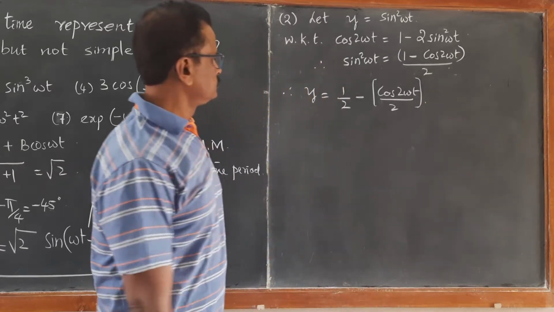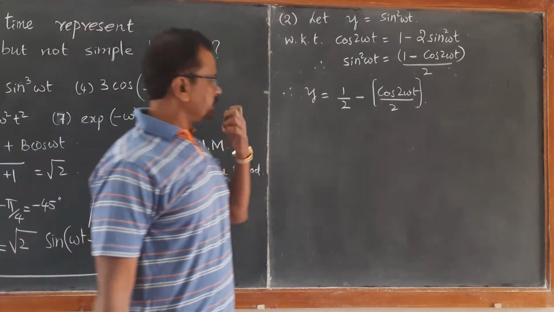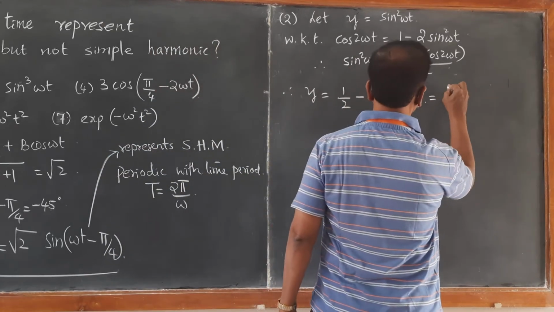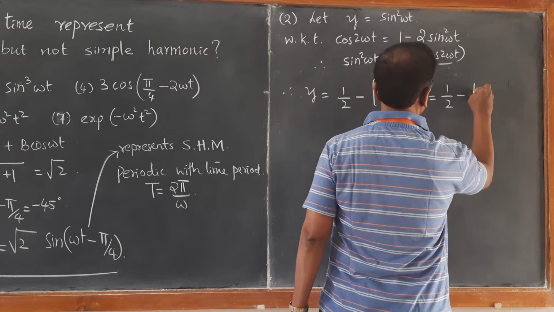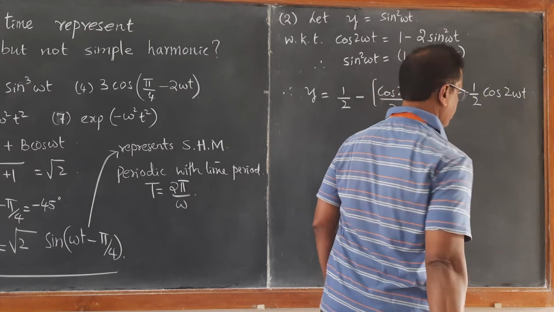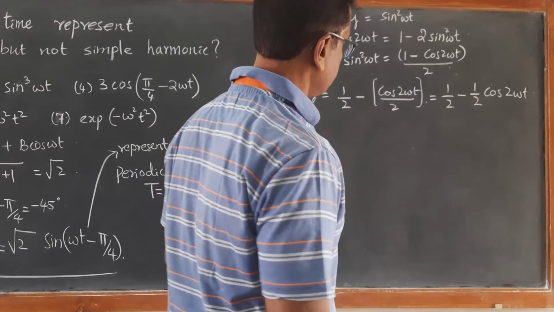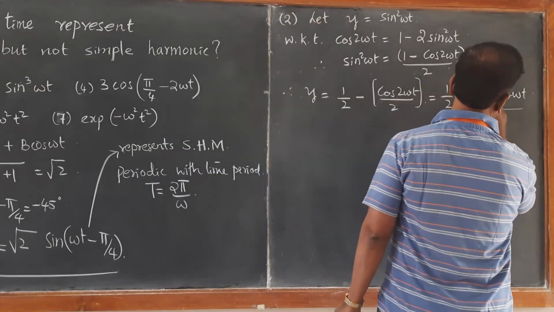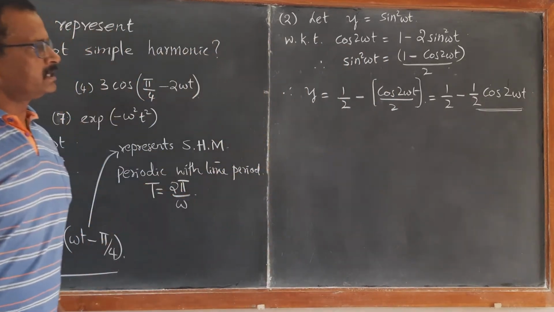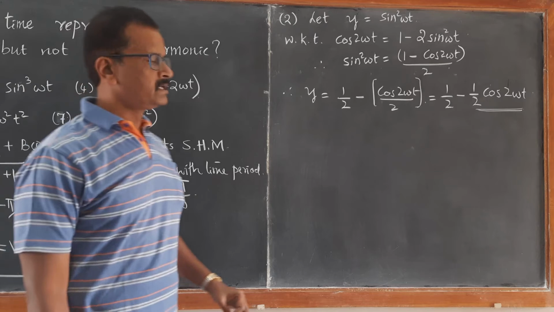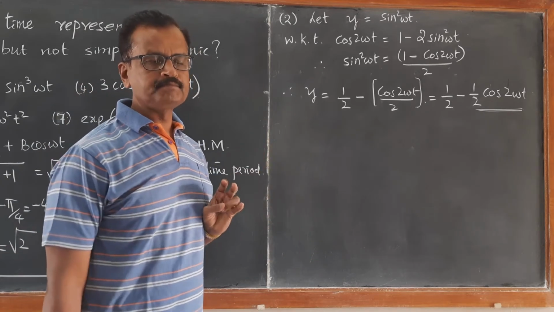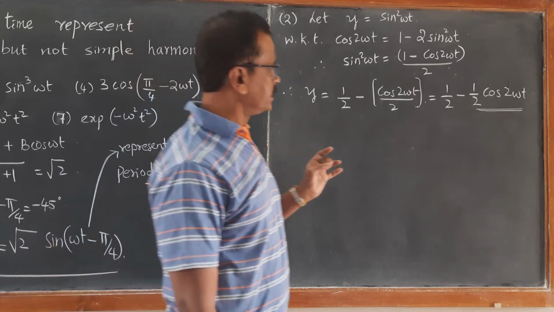It can be written as 1 by 2 minus 1 by 2 cos 2 omega t. So this is also of the standard form. Therefore, we get this equation to represent simple harmonic. It is not only periodic, it is also simple harmonic.